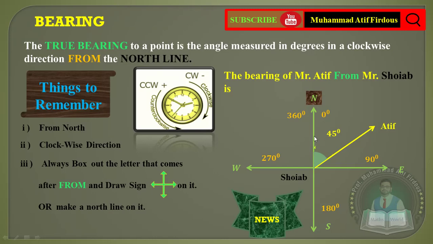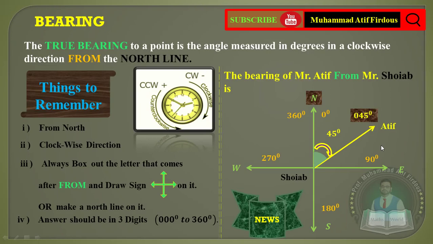You can see that our answer must be three digits. So the angle of Mr. Atif from Mr. Shoaib is 45 degree. Got it? Okay, next.